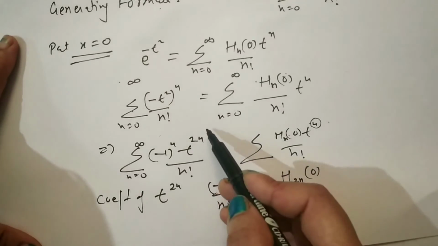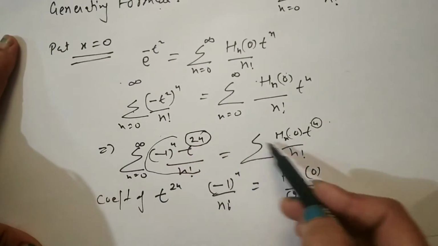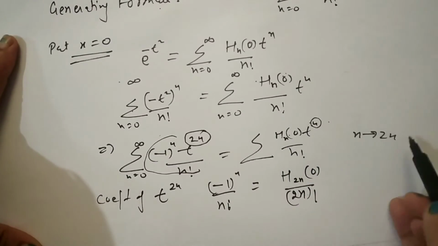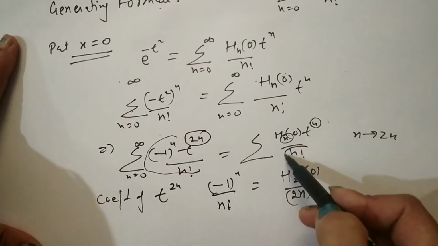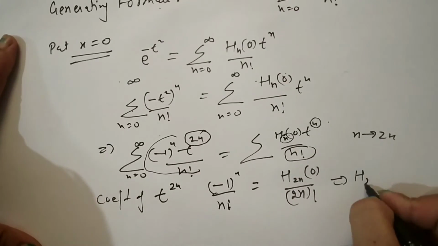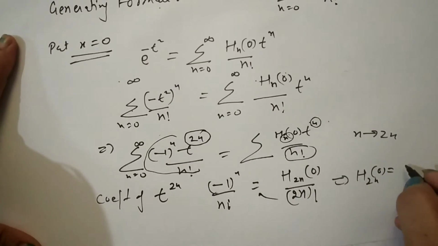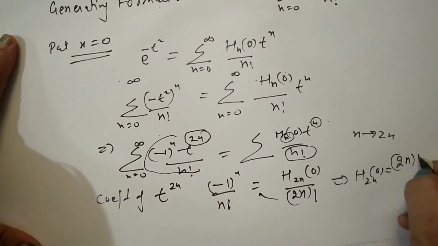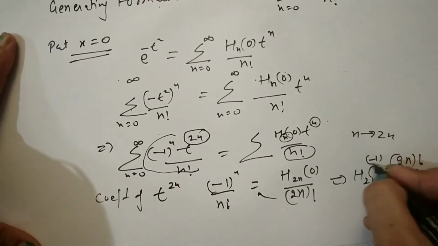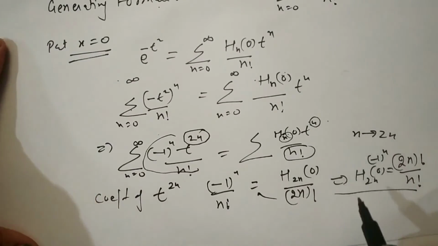The coefficient of t raised to power 2n. Here it is already 2n, so this is the coefficient. But here it is not 2n, so if n is replaced by 2n, here also n should be replaced by 2n. So we'll get this thing, which will give us the value of H_2n(0). Changing this side, it will be 2n factorial upon n factorial into minus 1 raised to power n also. Here it is. So this will be the answer to one of the questions.